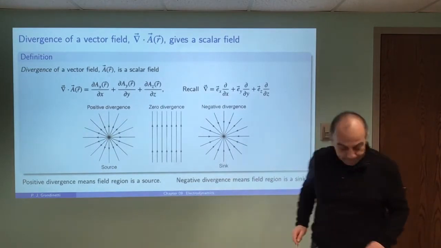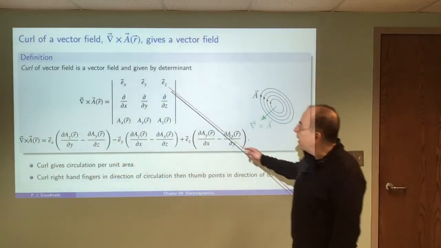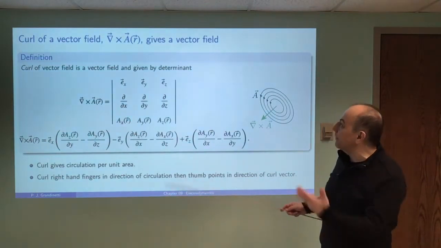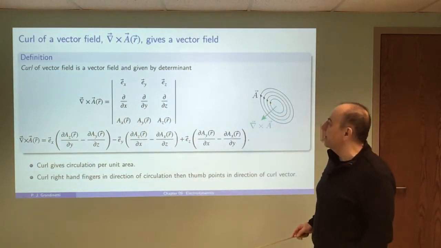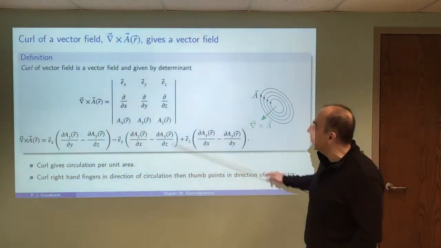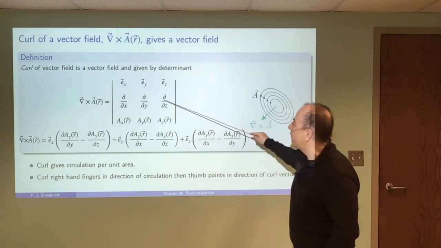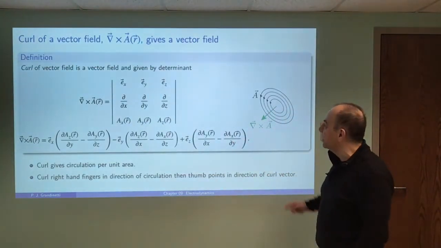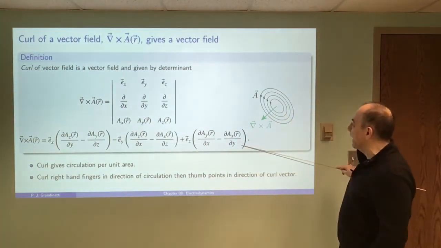All right. Now, the curl of a field also gives you a vector field back, and of course the curl is a cross product, and cross products we do by expanding out this determinant here. We do it this way, where we have the unit vectors up here, we now have the partial derivatives here, and then we have the components of our vector field for some point in space there, and we apply them, and we get this quantity out here.